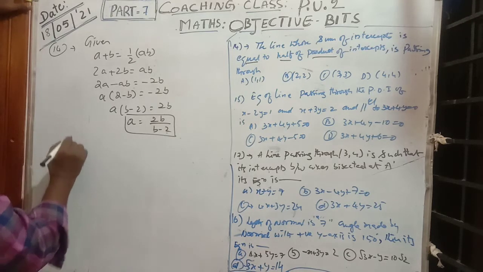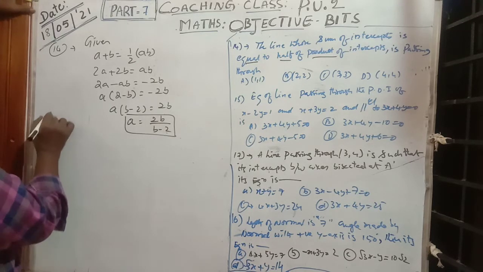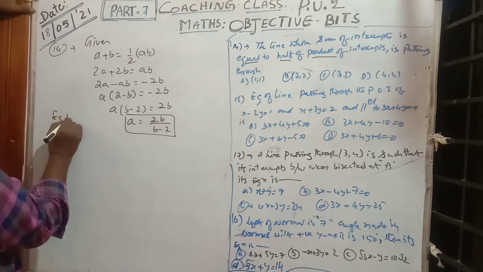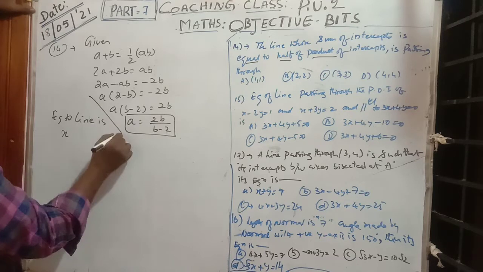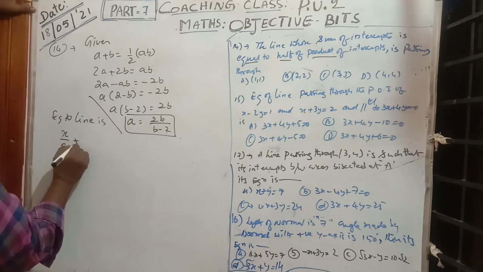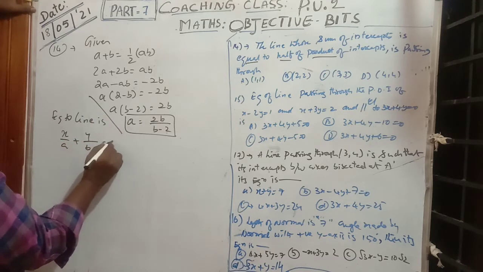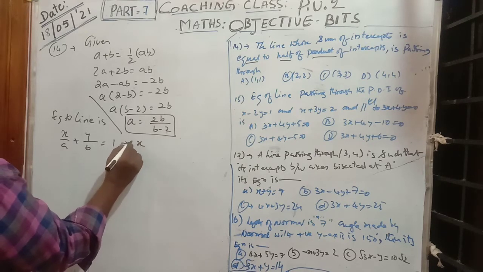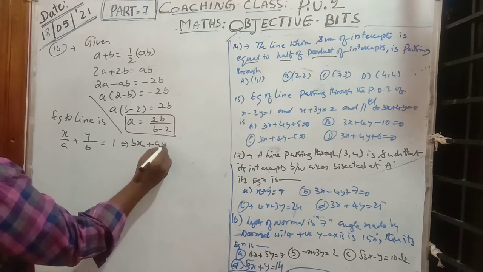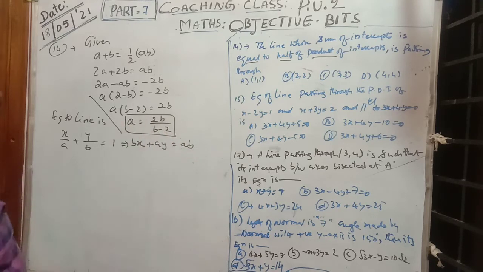Actually, the equation of line is again x by A plus y by B is equal to 1. That implies it is Bx plus Ay is equal to AB.